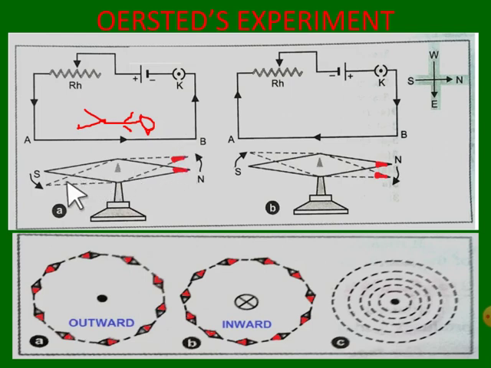If current flows from south to north of a compass needle, that means the current conductor is not flowing onto this compass needle. It is placed above this compass needle, and if that current flows from south to north direction in a wire held over the magnetic needle, then the north pole of the needle will be deflected toward the west.